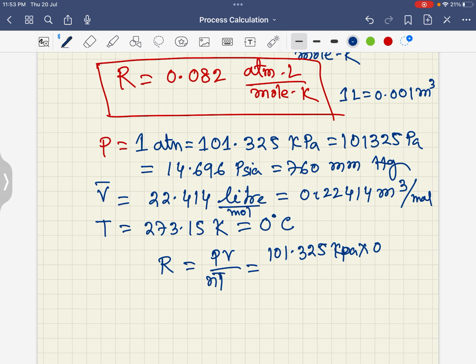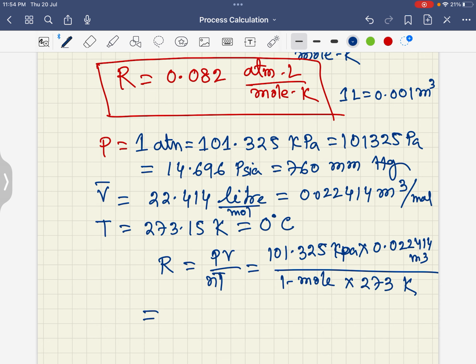So this is 0.02414 meter cube. N is equal to 1 mole, and T is equal to 273 Kelvin.